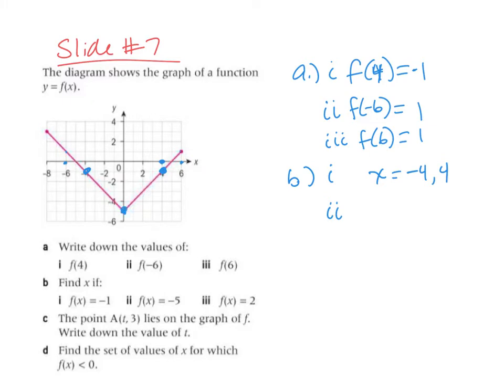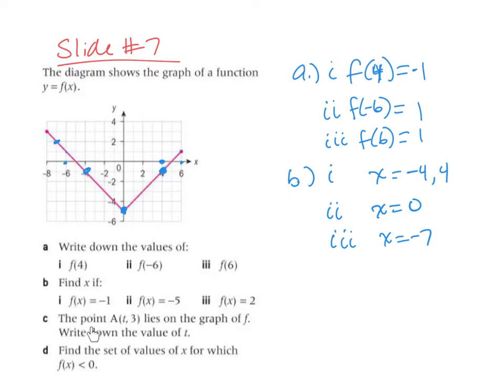That would be right here. There's only one of them. So that x that produces -5 would be 0. And then for III, when f of x is 2, find a point where the output is +2. And it looks like there's one right here, and that x value is -7, so x equals -7.